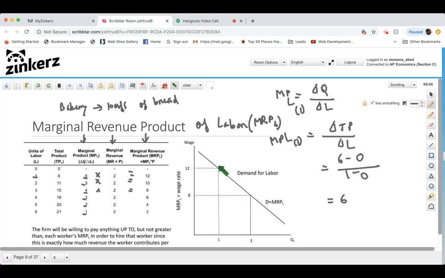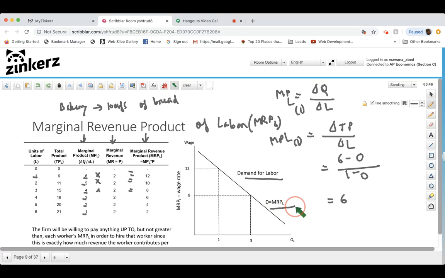So if I were to plot this marginal revenue product of labor, this column, wage is on the vertical axis, quantity of labor is on the horizontal, and if I plot these points on the graph, I get a downward sloping line, which, as we will see, is also the demand for labor.